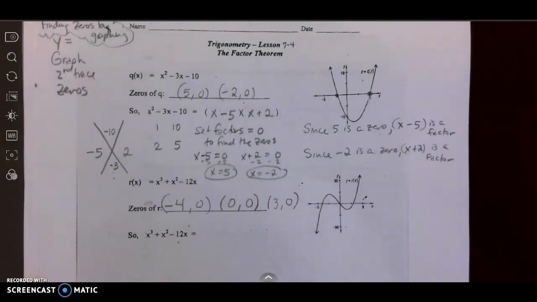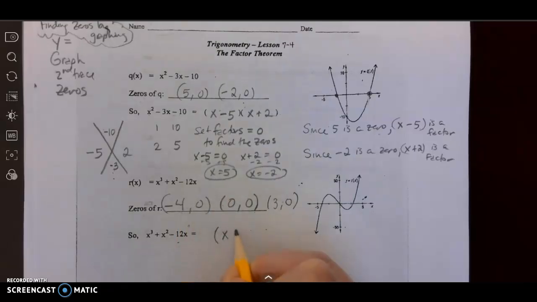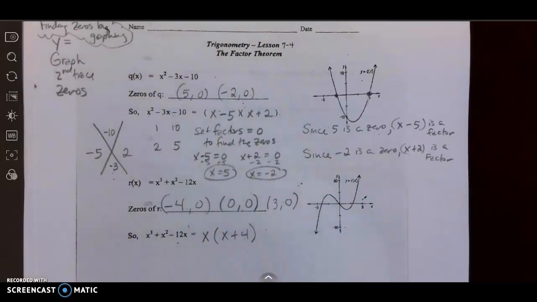Which means this gives me my factors. This tells me that one of my factors is x plus 4, because negative 4 plus 4 would be 0. What does this one tell me? X plus 0, which means simply x. And I usually write that one in the front. And this tells me that my factor must be x minus 3.